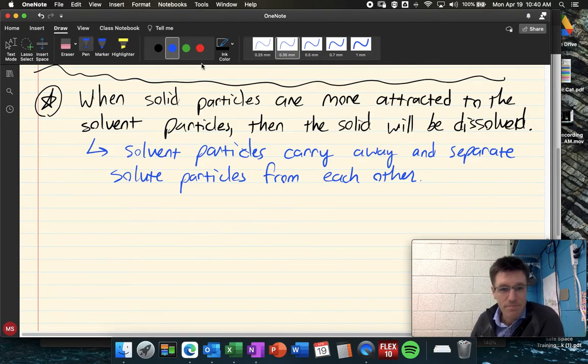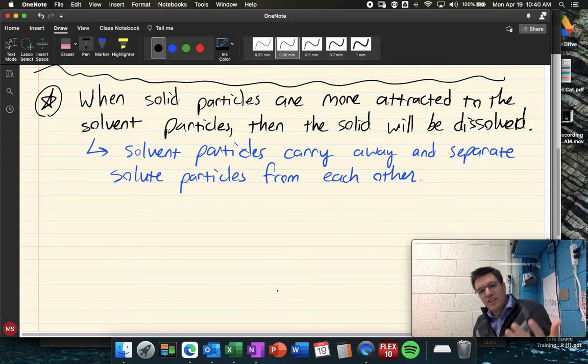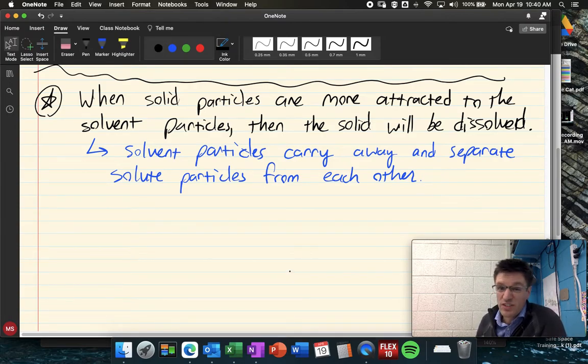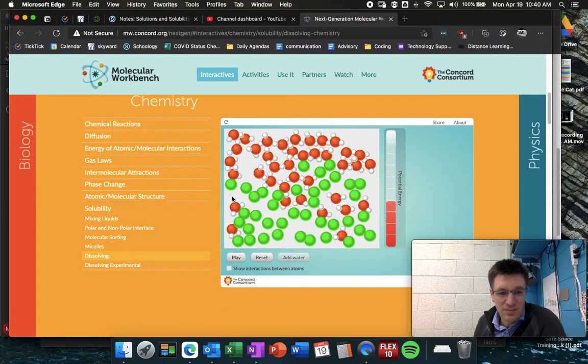Okay. You might be wondering, and this is where we're kind of going with this, can you predict that, right? How do you know whether your solute particles are going to want to dissolve or not? Can't you know that ahead of time without having to test it in the lab? Well, yes, you can. Okay, and here's where a last concept comes in called polarity.